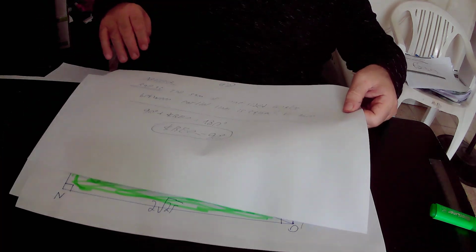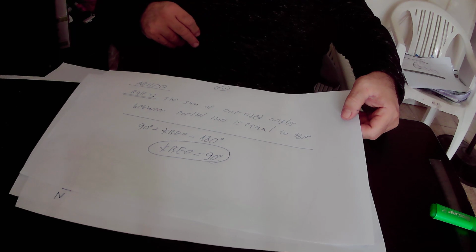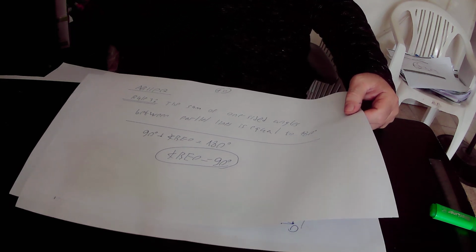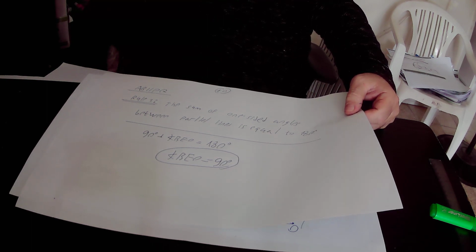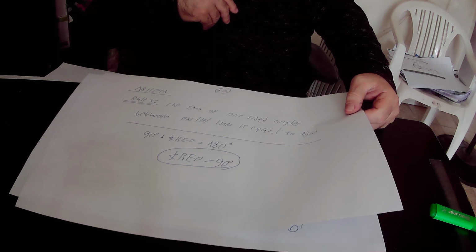Then we know that AB is parallel to PQ, and according to rule number 3, the sum of one-sided angles between parallel lines is equal to 180 degrees.